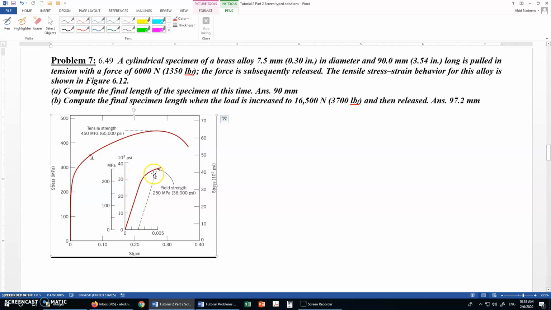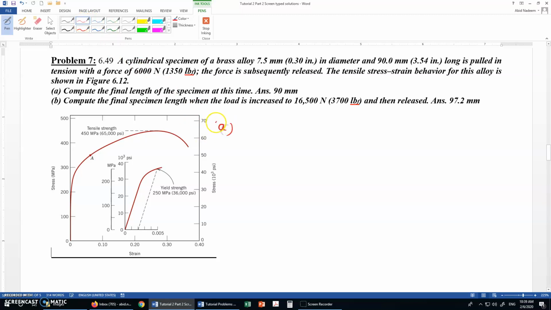You can see that the elastic region is somewhere for the stress level of about 250 megapascal. So if the value of the stress is within this range, it will be in the elastic range, and if you release that load, the specimen will come back to its original length. So let's find the value of stress in part A first.